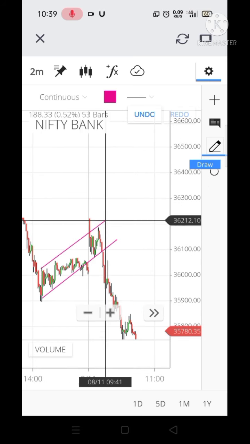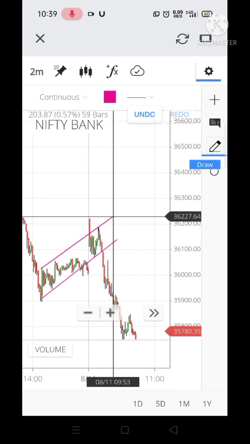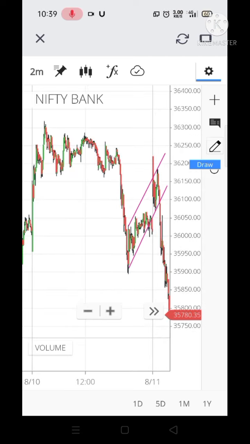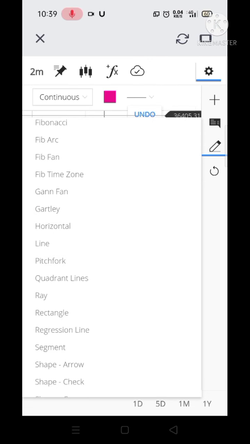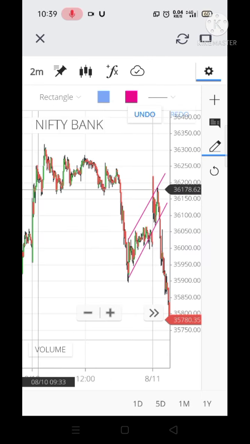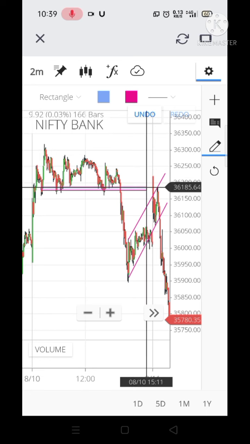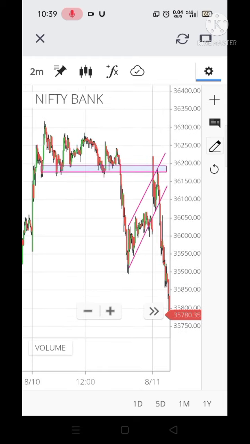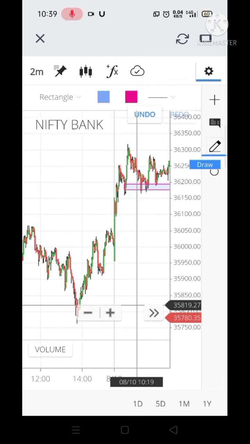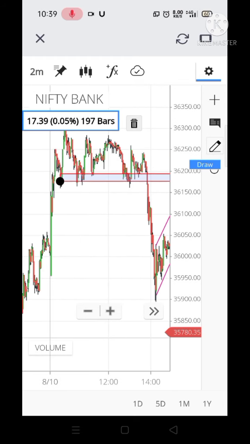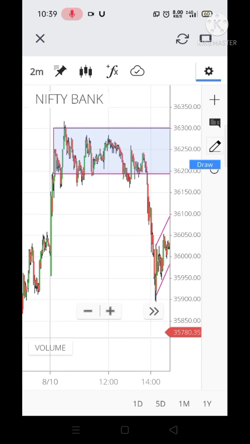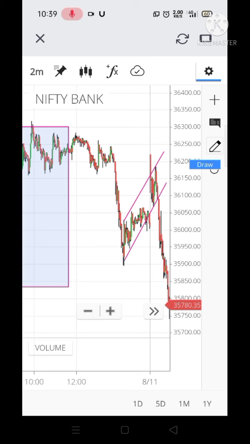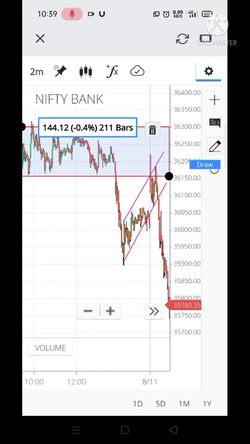This was the trend line connecting the swing highs, and this was the zone. This whole area was acting as a supply zone.